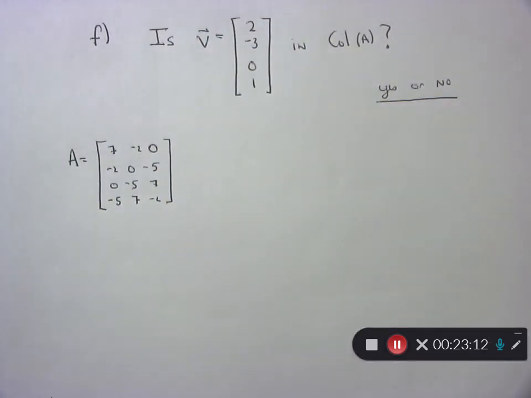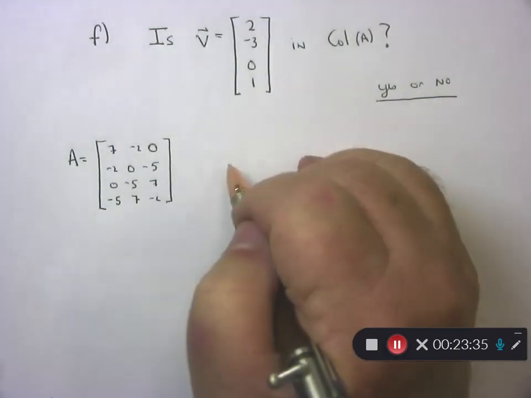All right. So, I have a question for you guys. Show me what you know. How is a vector in the column space of A? To be in the column space of A, this vector V has to be a linear combination of the columns of A. What does that mean?